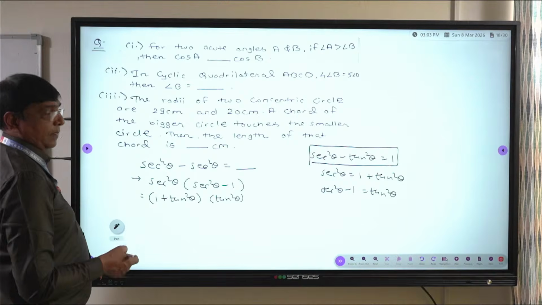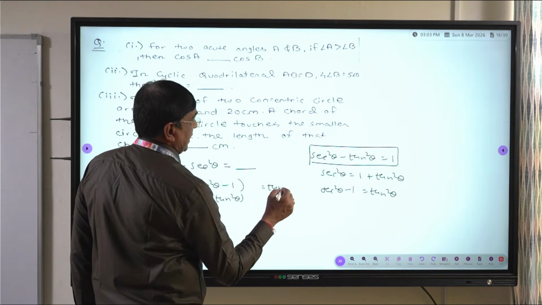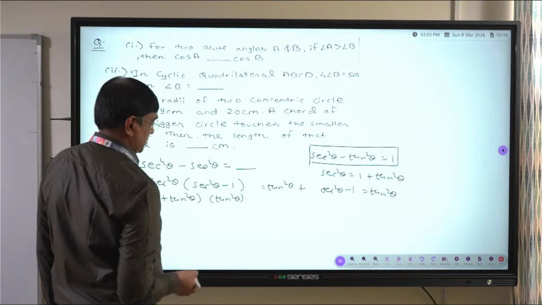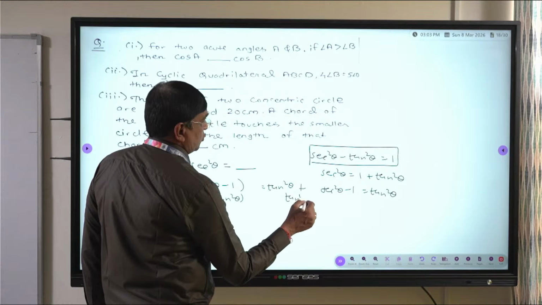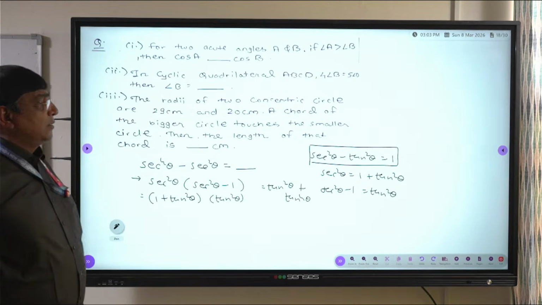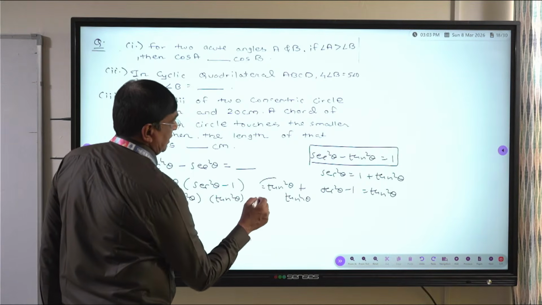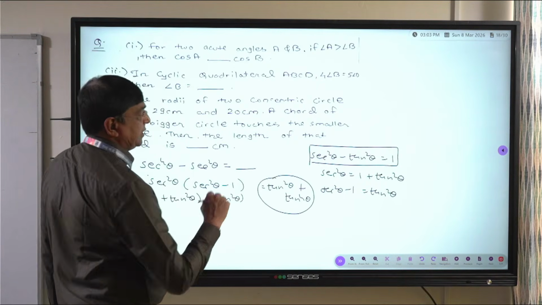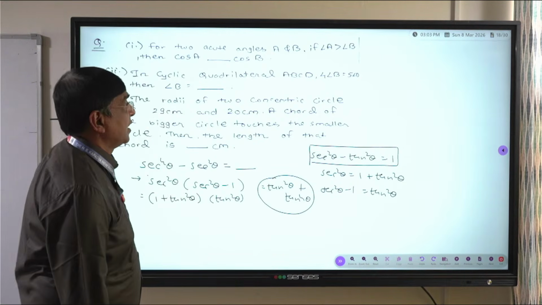Bracket open, 1 plus tan square theta, times tan square theta. So we get tan square theta plus tan square into tan square, that is tan raised to 4 theta. Therefore, sec 4 minus sec square, the answer in terms of tan theta, is tan square theta plus tan raised to 4 theta.